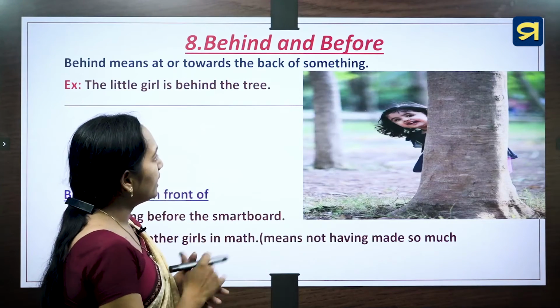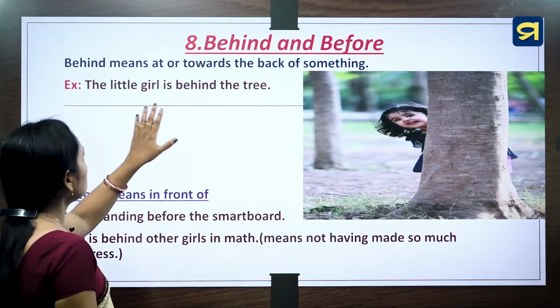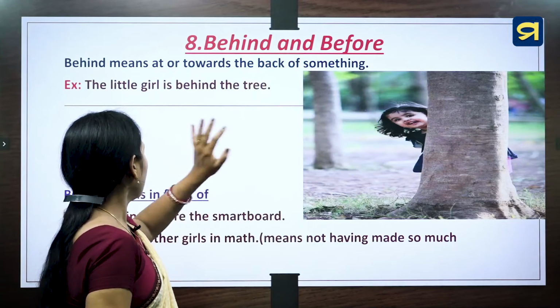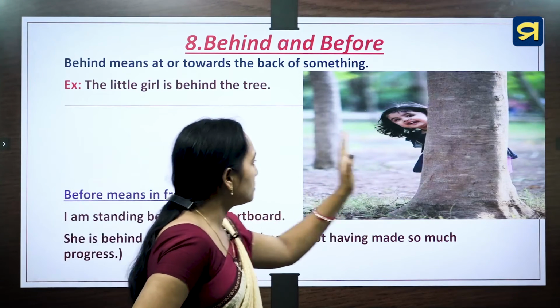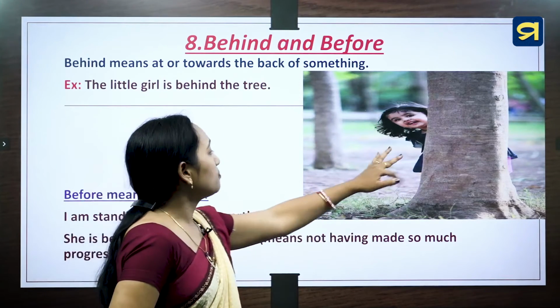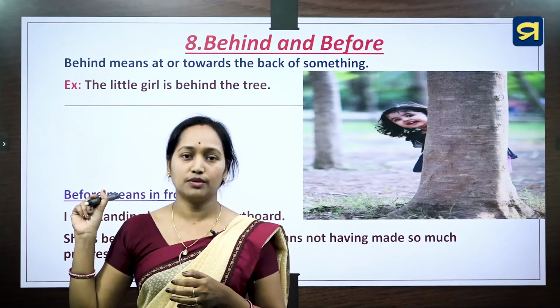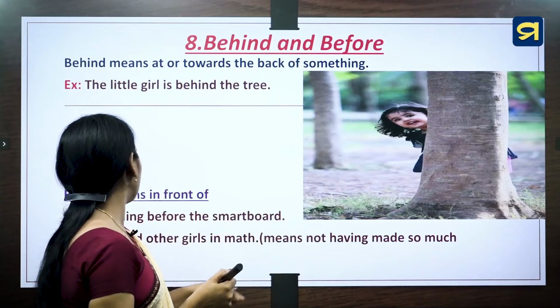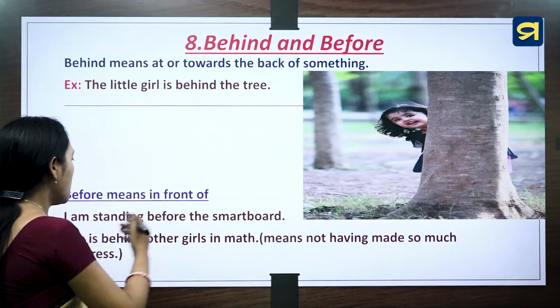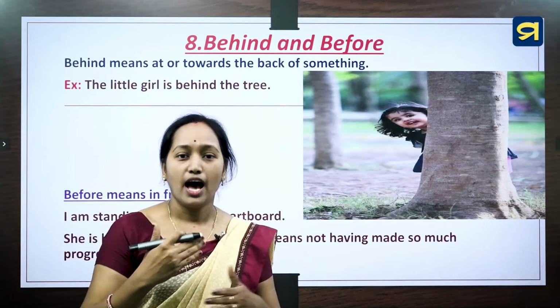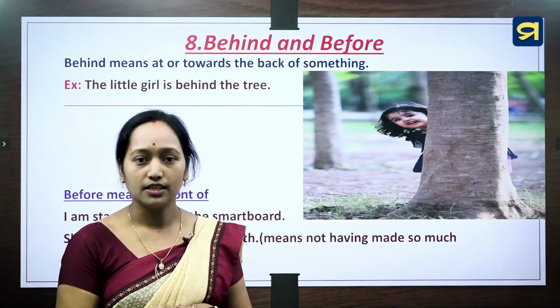Next, behind and before. Behind means at or towards the back of something. Take for example, see this image. The little girl is behind the tree. The smart board is behind me. And before means in front of. I am standing before the smart board.